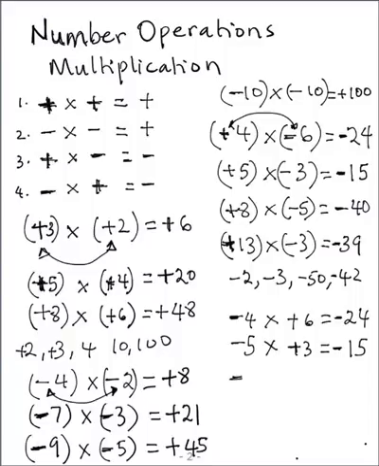Let's say we have minus 8 multiplied by plus 5. So negative times positive will be negative, and 8 times 5 will be 40. And lastly, we have minus 13 multiplied by plus 3. Minus times plus is minus, and 13 times 3 is minus 39.